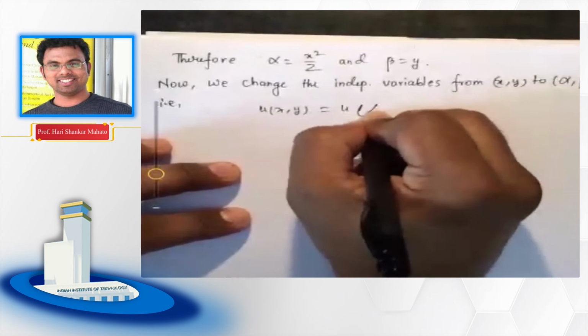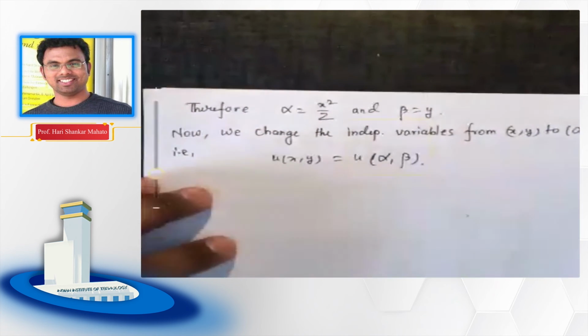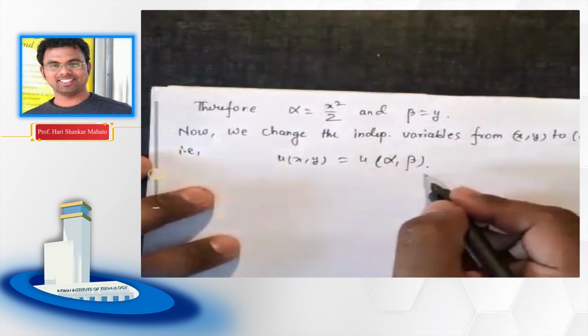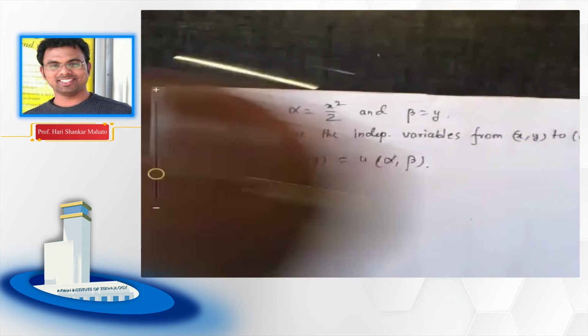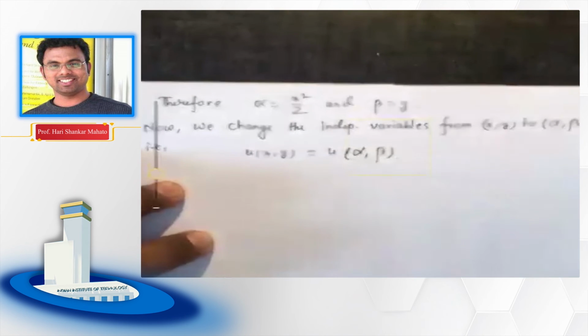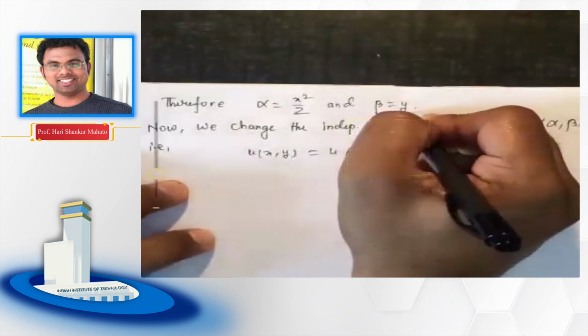That's basically the working rule behind elliptic PDE. Once you have the xi and eta, which are no longer real characteristics, we are more interested in transforming everything into the real functions, that means alpha and beta, where alpha is x square by 2 and beta is y.